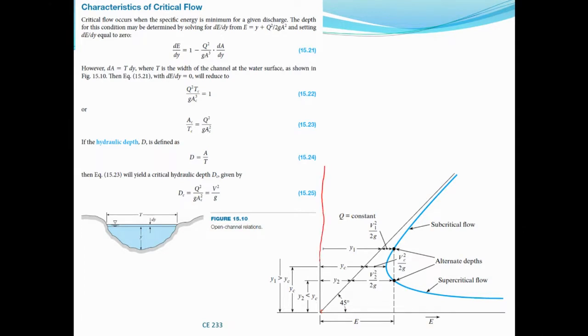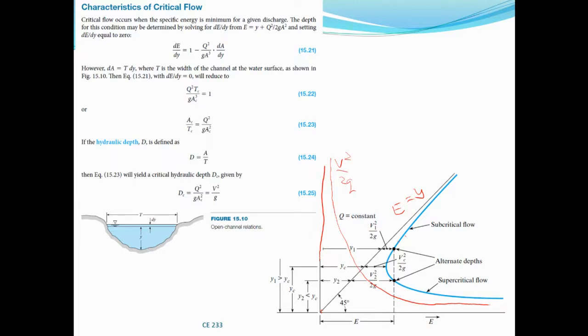Usually the plot is like this. So this is for v squared over 2g, and this is E equal y. And then when you add this to y plus v squared over 2g, it will give you this blue line.